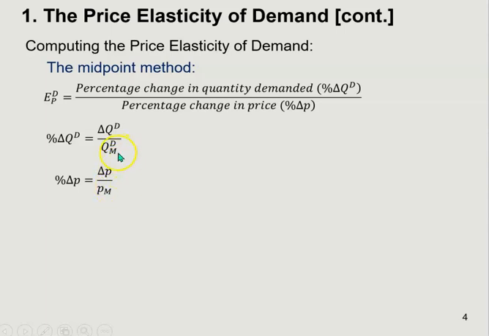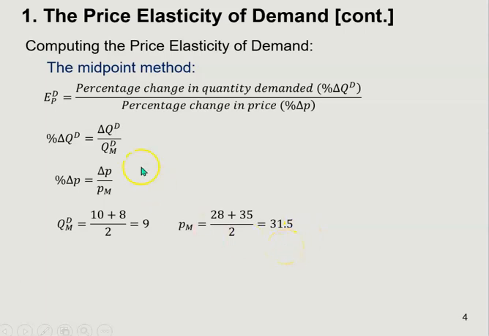So the subscript M stands for midpoint. The midpoint quantity is going to be 10 plus 8 divided by 2, which equals 9. Again, this is simply the average quantity at the midpoint between the two levels. We do the same thing for price: 28 plus 35 divided by 2, so we get $31.5 million per ticket.